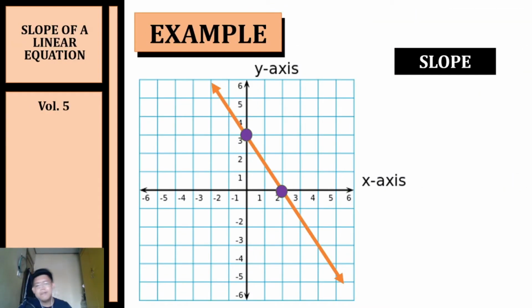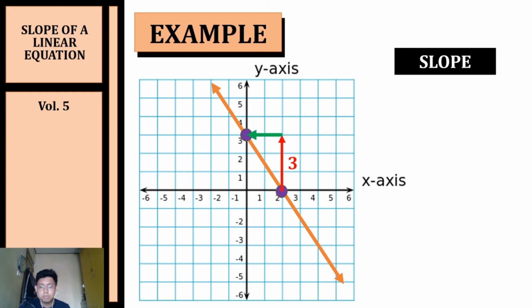Let's have another example. We're given this graph and we need to get the slope of the line. First, we identify the lower point, and from there we count the number of units moving up and the number of units we run to get to the next point. We have 3 units going up, and then 2 units going to the left.